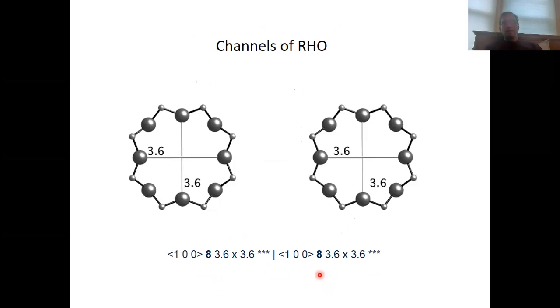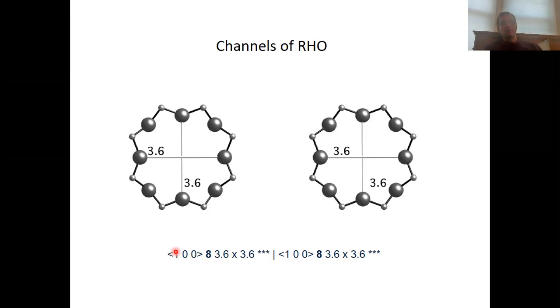Okay, one more example. These are the channels of the RHO zeolite framework type. Also here we have two different channels to consider. So you see here the first channel type along 100, but you see that we have also symmetry equivalent directions to consider.